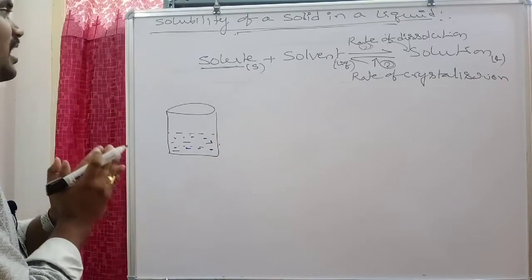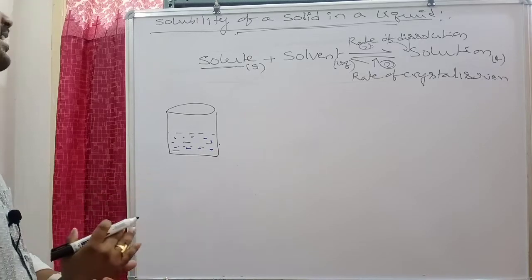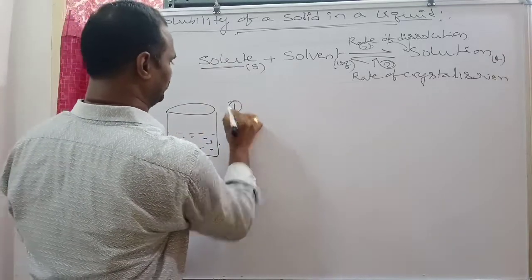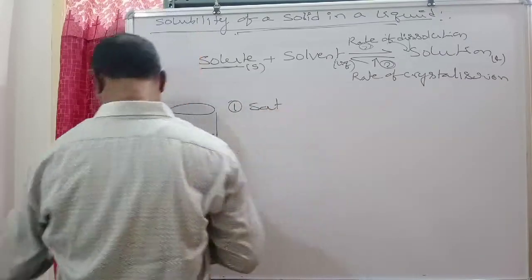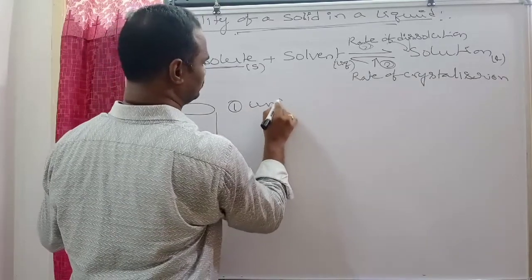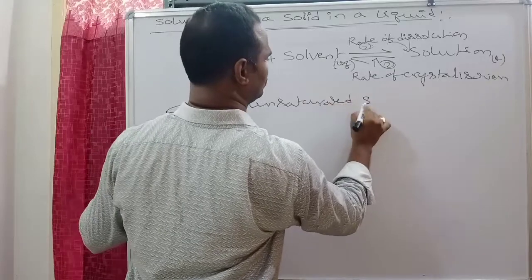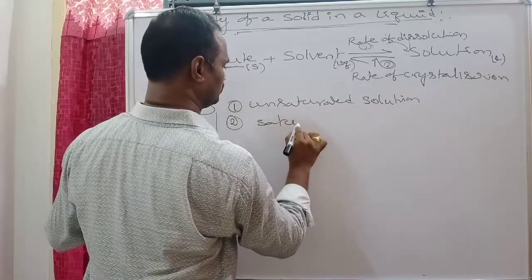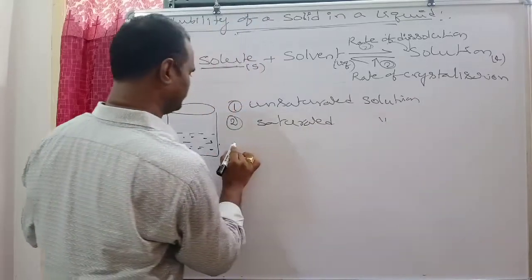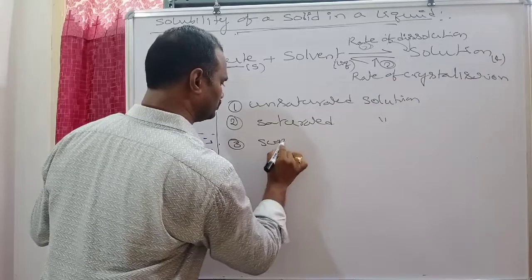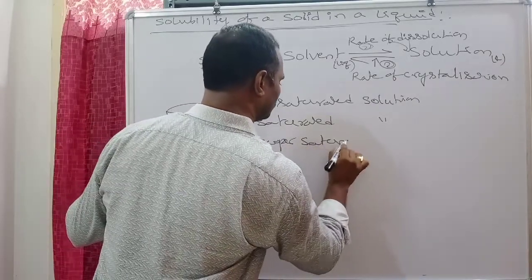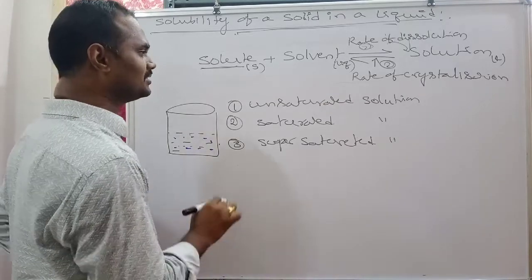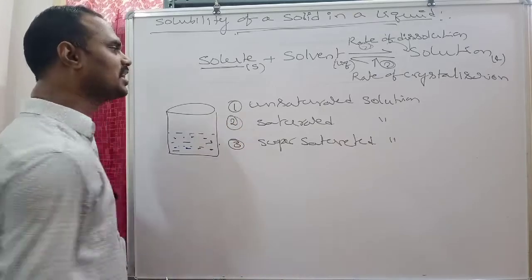So depending on the quantity of solute dissolved in the solvent at a given temperature, we can broadly divide solutions into 3 types. What are those? First, unsaturated solution. Second, saturated solution. Third, supersaturated solution.